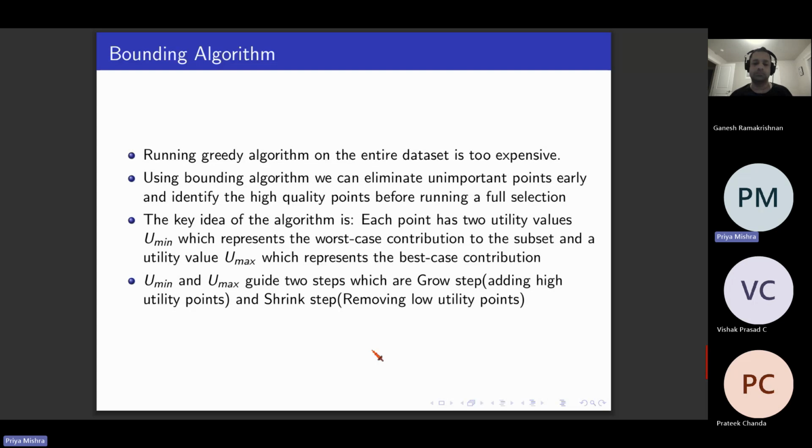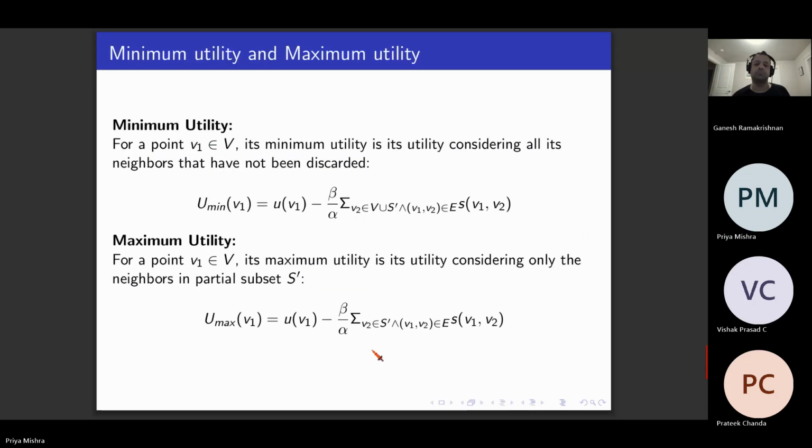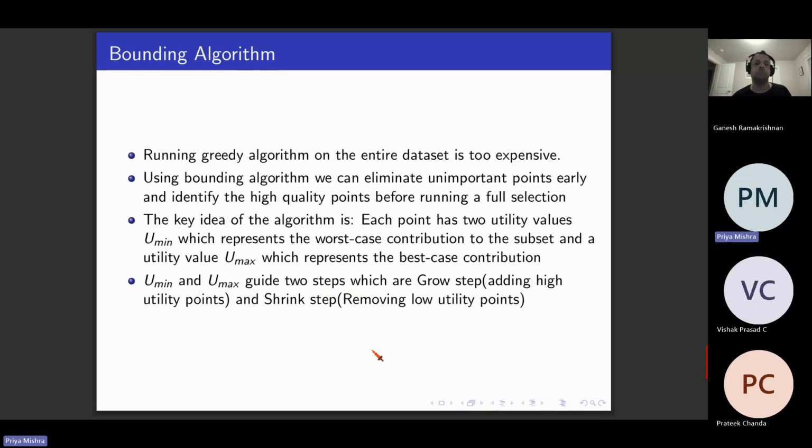The bounding algorithm goes like this. First we calculate the minimum utility and maximum utility of the points. The minimum utility is basically the worst case scenario when the point is contributed into the subset, and the maximum utility is the best case contribution scenario.